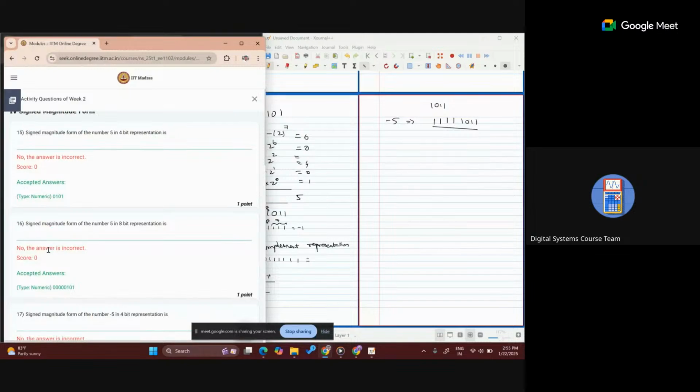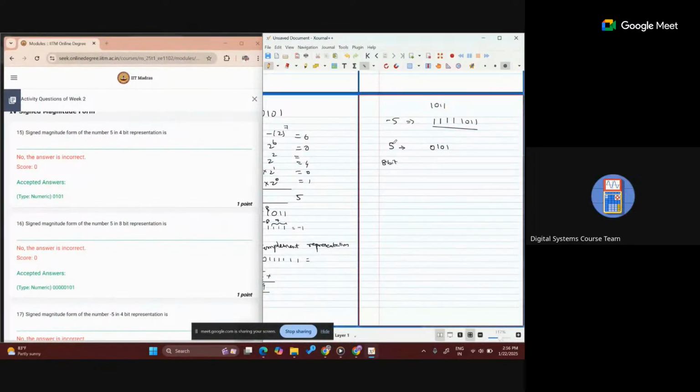Now the next case: I'm just taking the same plus 5, and representing plus 5 in signed magnitude format. This is signed magnitude format. Am I right?